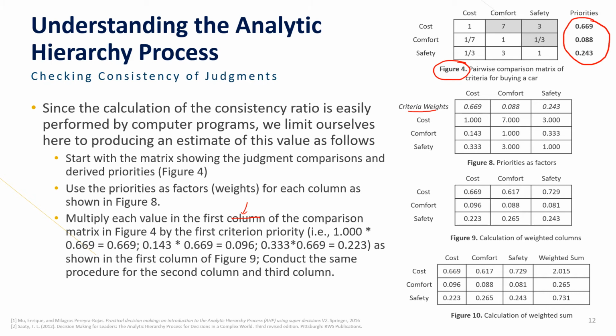For example, here you multiply this with this with this, and then you will get a new column for the cost row, comfort and safety here. Also do the same for the next one here.